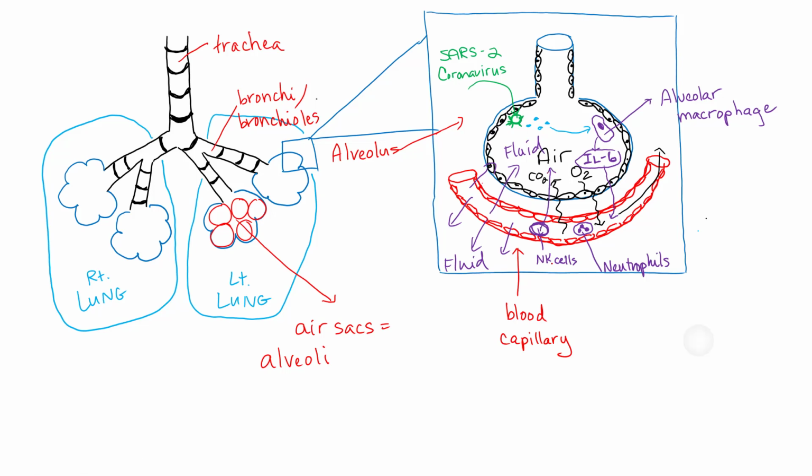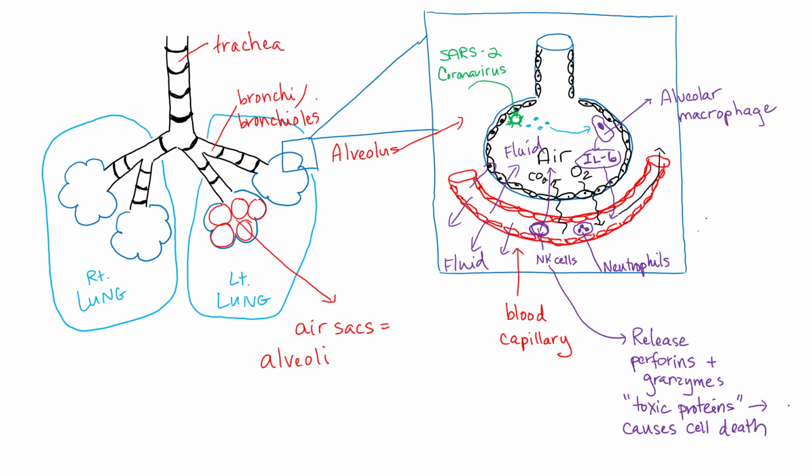Do you remember what natural killer cells do? They degranulate. They release perforins and granzymes, and those toxic proteins cause cell death within the alveoli.